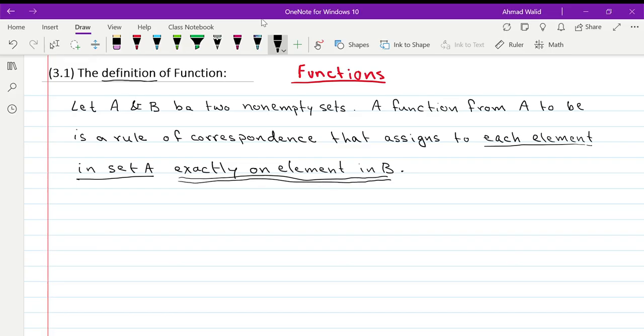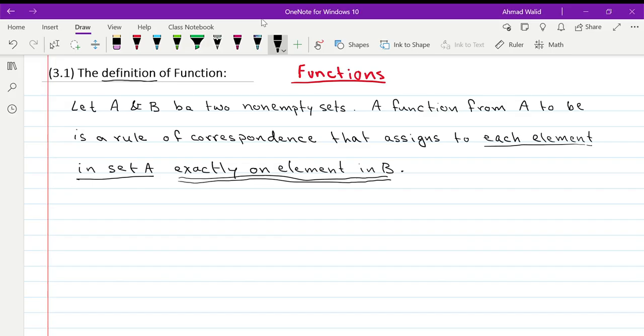I copied this definition from your book. If you have two sets that are not empty and they have some elements in them, if I name set A and set B or X or Y, function is a rule that assigns an element in set B for set A. Or let's find an easier definition for function.